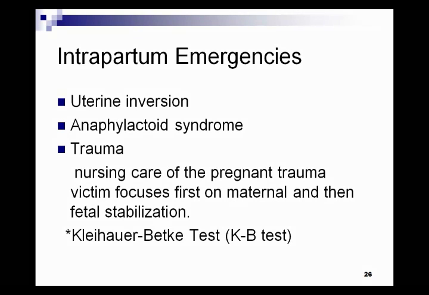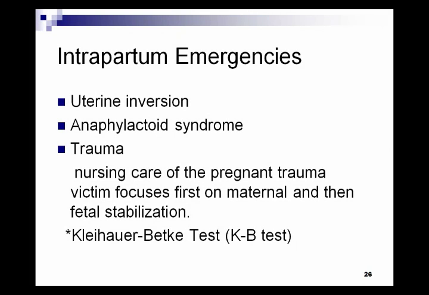That's for any mother, but if she is negative, of course we're going to give her RhoGAM with that, and that will at least tell us also if we have any fetal blood in her circulation. One of the main things we worry about if she's involved in trauma, of course, is injury to the fetus.